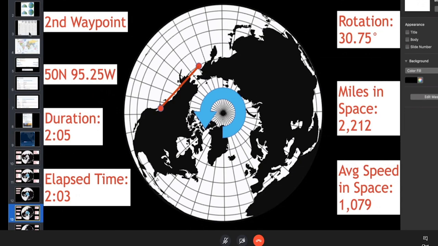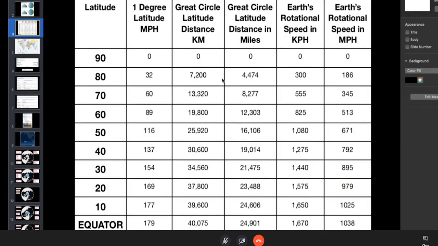Now here I've got to talk about the momentum that they supposedly inherited from the spinning Earth at the location that they started. So in Anchorage, roughly the ground speed of the Earth is 513 miles an hour. So what we're told is this plane sitting on the ground and everything on the ground in Anchorage is rotating at 513 miles an hour, and that's going to add up to a 24-hour day, and they're going to go around their great circle distance of 12,303 miles.